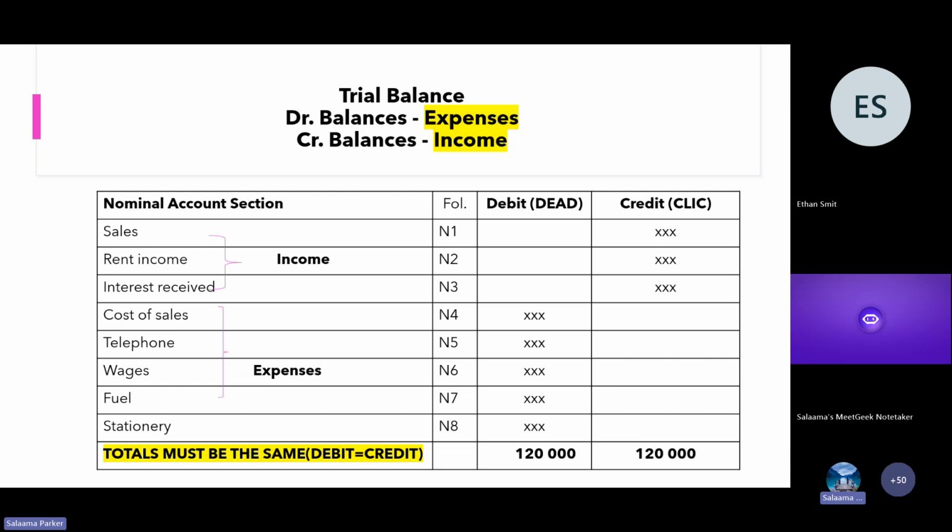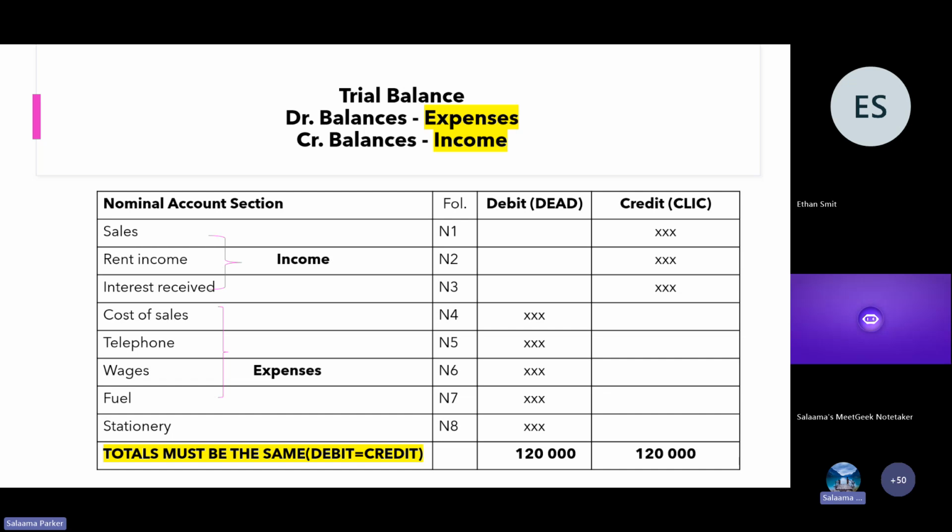Any questions over there? So very, very important that you remember the debt-click rule. The important thing with the trial balance is that you remember the headings. If you've worked through past test papers, you will see that they could give you the main headings, but then you must be able to know what must go under the nominal account section.